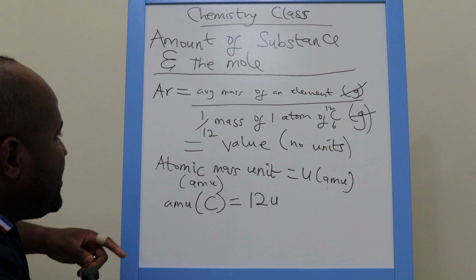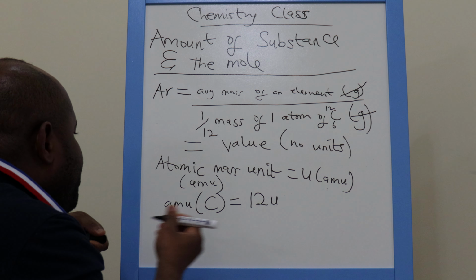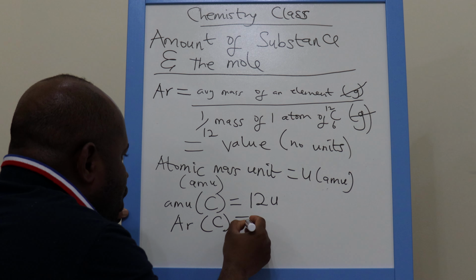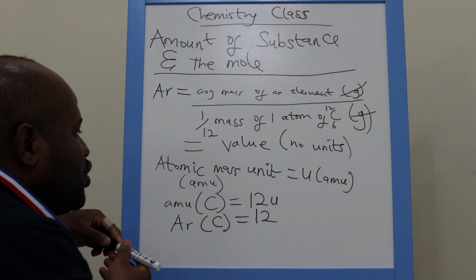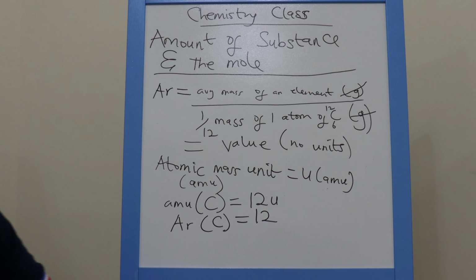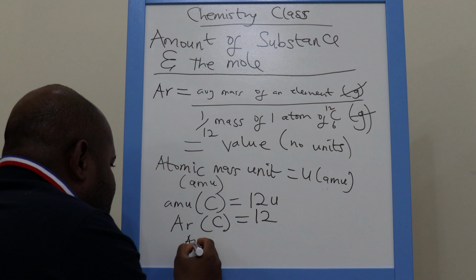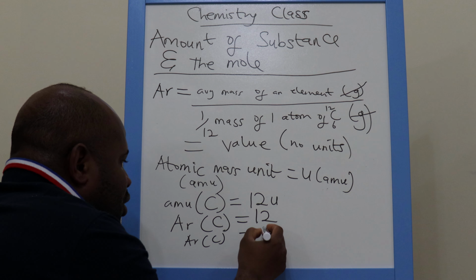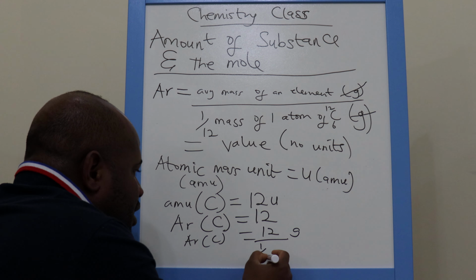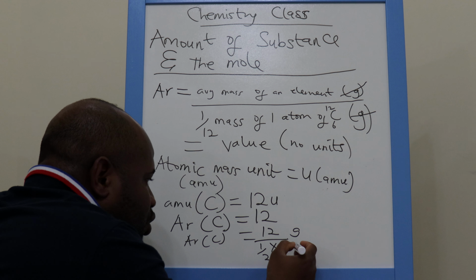Remember, relative atomic mass has no unit. So its relative atomic mass, the Ar of carbon, will be 12. The reason is that you have the average mass of carbon, 12 grams, over 1/12 times the mass of 1 atom of carbon, which is also 12.